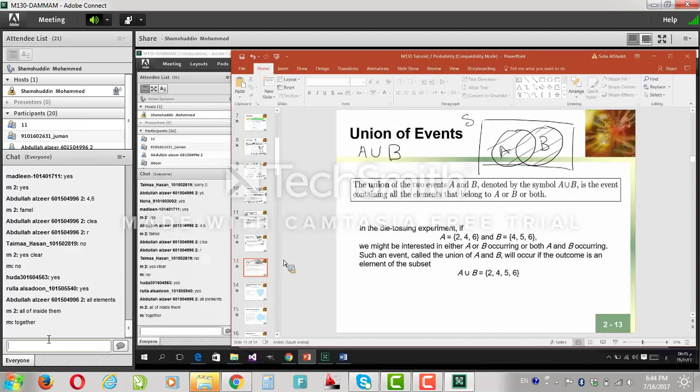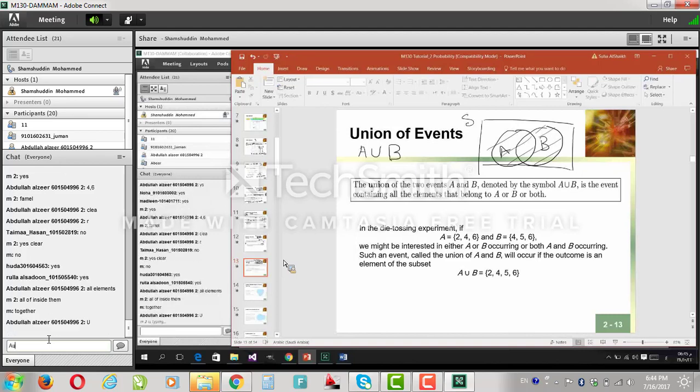This is the symbol that we are using for the union. This is A union B. It is similar to the capital letter U.